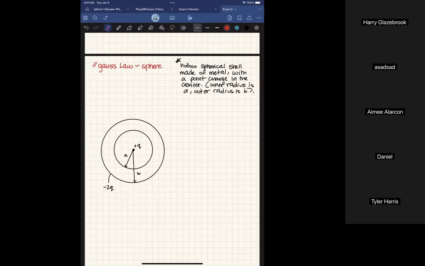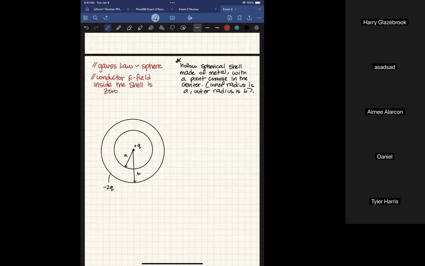What I also know is that it's made out of metal, so this is a conductor. So the E field inside the shell portion itself, the actual shell with some thickness, is 0.